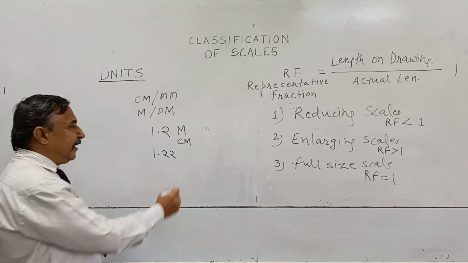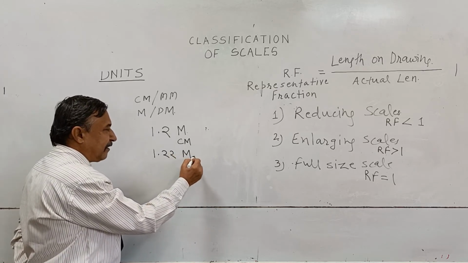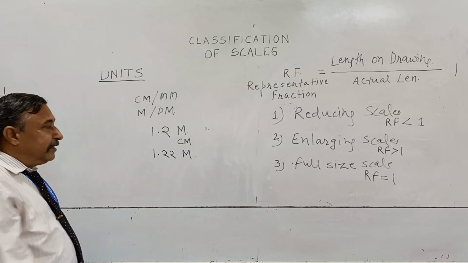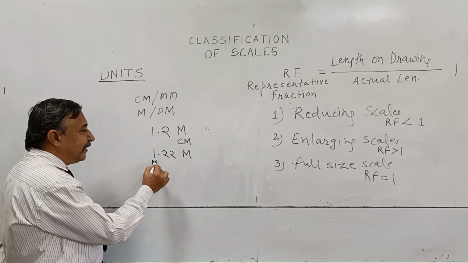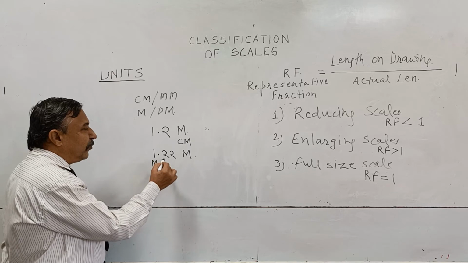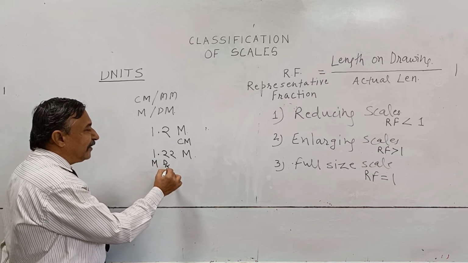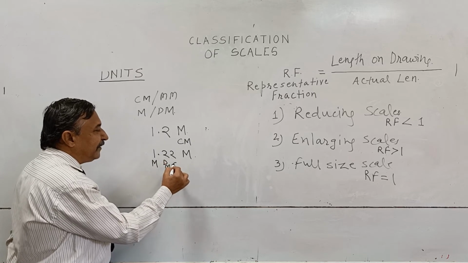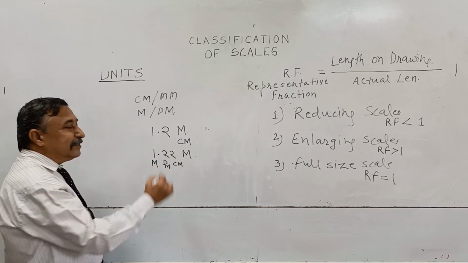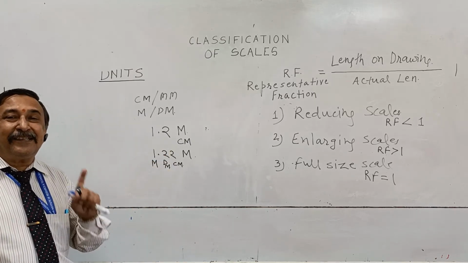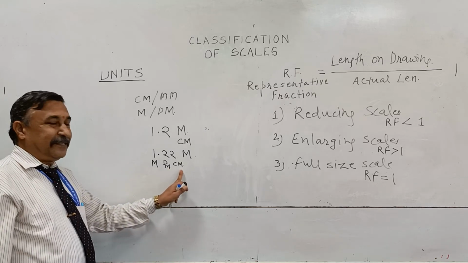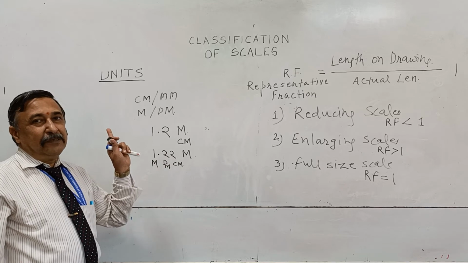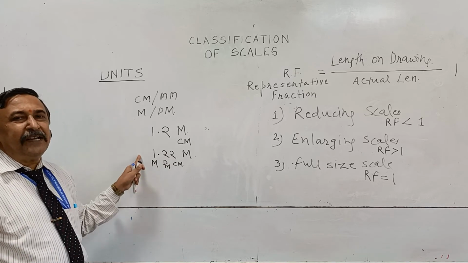If we say meter, what do we mean by 1.22 meter? 1 is meter, 0.2 is decimeter, and 0.02 is centimeter. So we have to construct a scale of 3 units for measuring 1.22. So this is the use of different units.